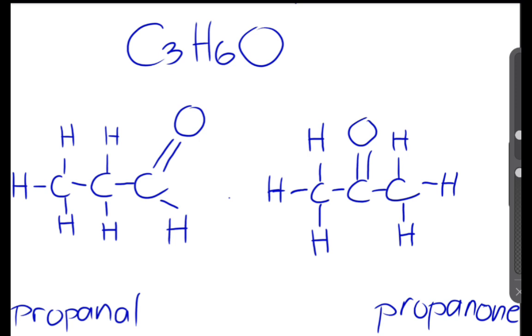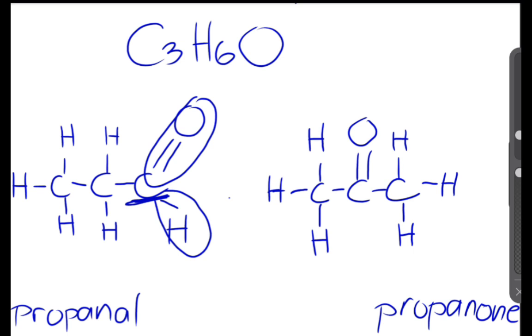Propanal is an aldehyde. When we say aldehyde, it is a class of organic compounds in which a carbon atom shares a double bond with an oxygen atom and a single bond with a hydrogen atom. While propanone is a ketone.